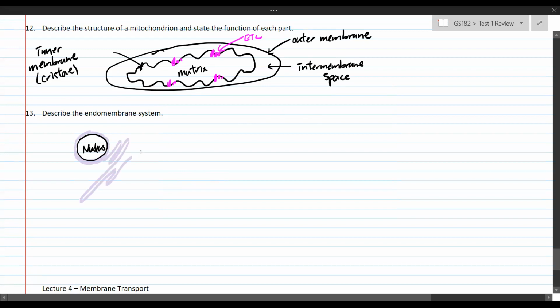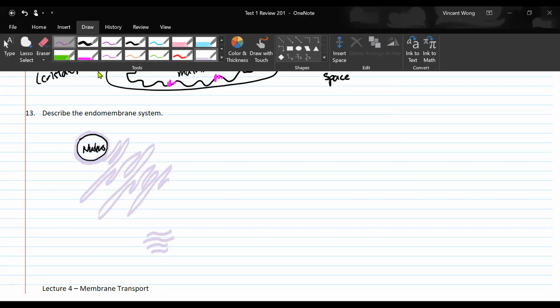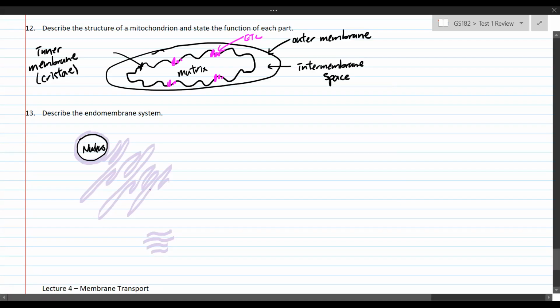And then this is gonna extend, right? Outside into here, and then we're gonna have some different organelles here. So basically the endomembrane system involves the rough ER, right? That's the rough ER.